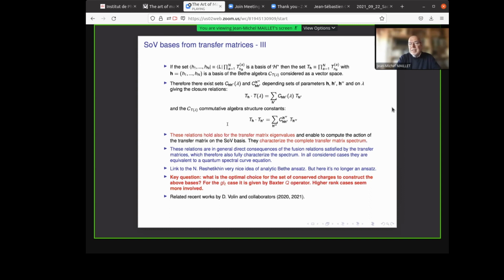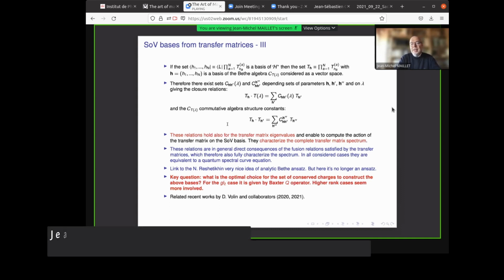So it's a key question to ask, what is the optimal choice? And the optimal choice is not only for spectrum characterization, it could be also when we go to scalar products and computation of form factors, correlation functions, and so on. Well, for the rank one case, I will try to show that it is related to the Baxter Q operator choice as an object generating the basis.